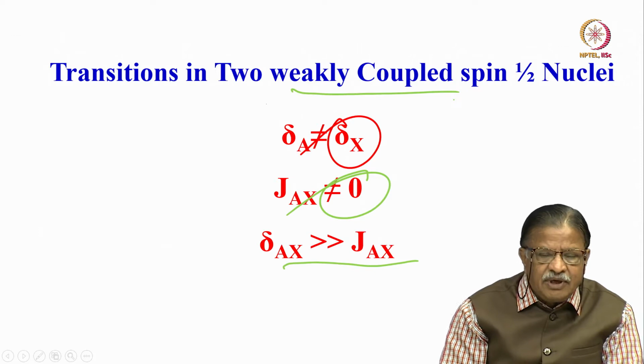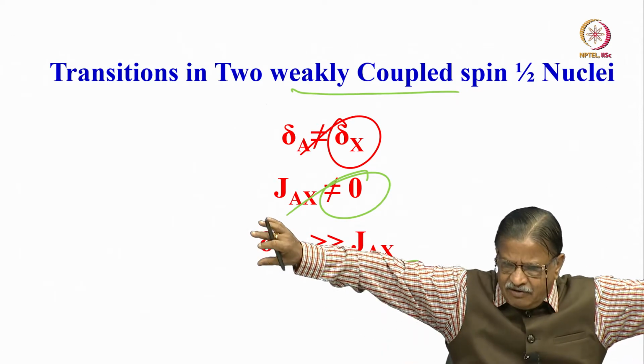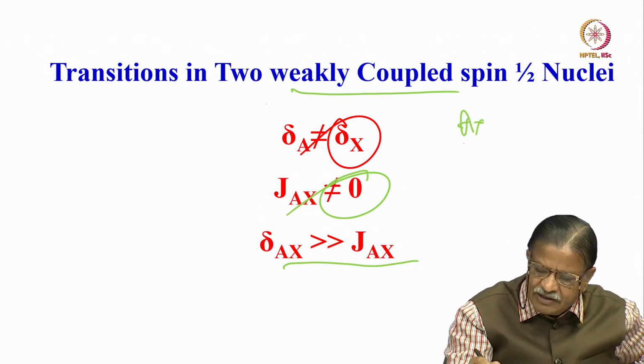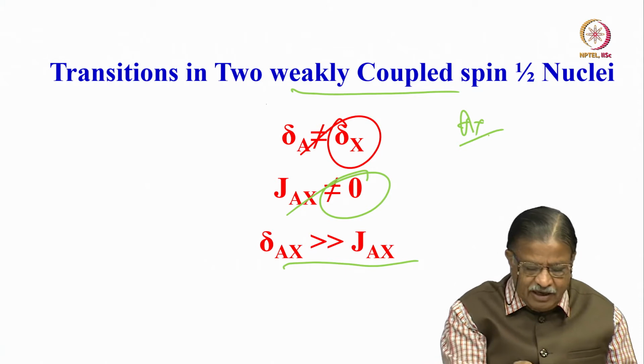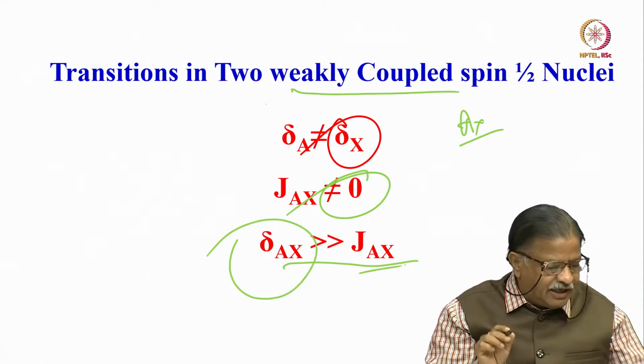I told you strongly coupled and weakly coupled spin systems are represented by letters: weakly coupled means letters far away in the alphabet, which I have taken as A and X here. As a consequence they are weakly coupled. Delta AX is sufficiently larger than JAX.